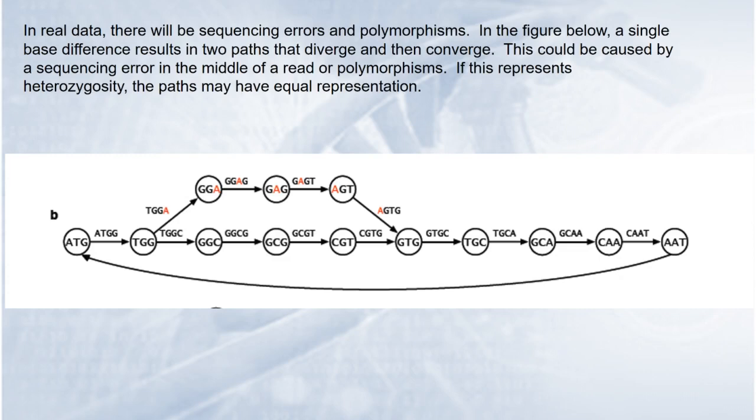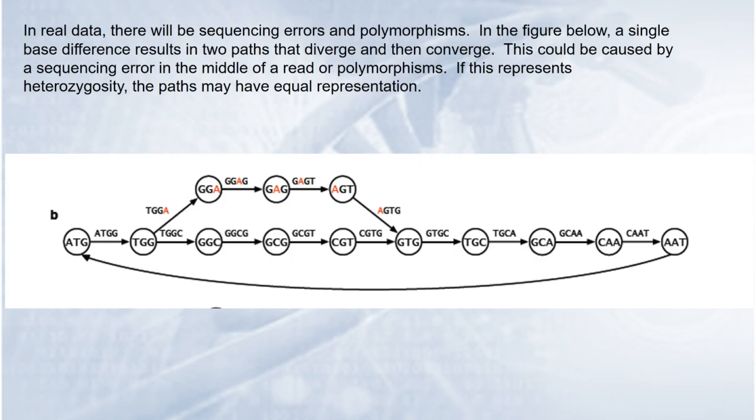But what you can see in this particular case is, if, for example, in one of our sequences, we have an error. So the error is represented here by an A versus a C at a particular position in the sequence. And so we would have KMers that have the TGGA and TGGC. Well, instead of going through this path, now it forks and becomes 2 paths.